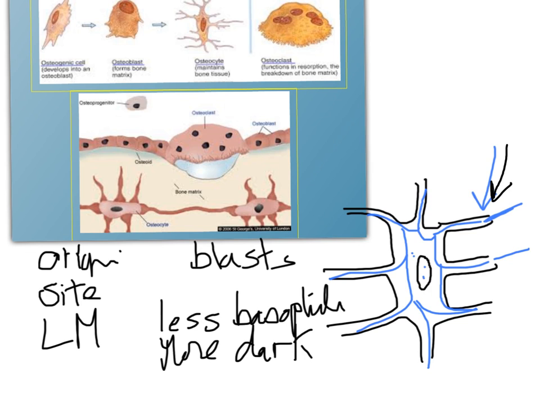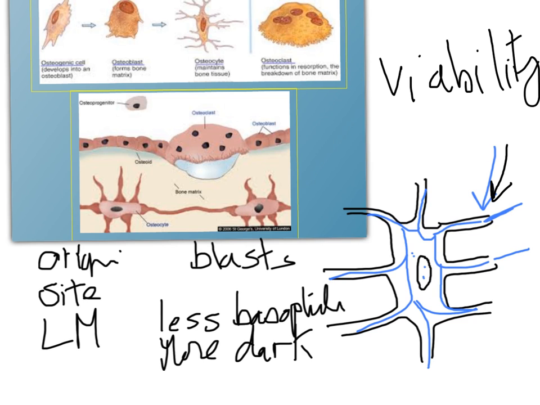As regards the functions, they have the power to form the organic matrix exactly like the osteoblast, and the calcification also, due to the presence of alkaline phosphatase, and they are important for the viability of the matrix.